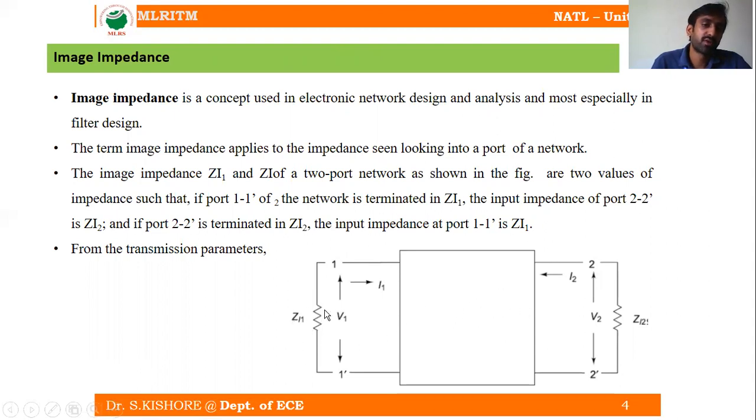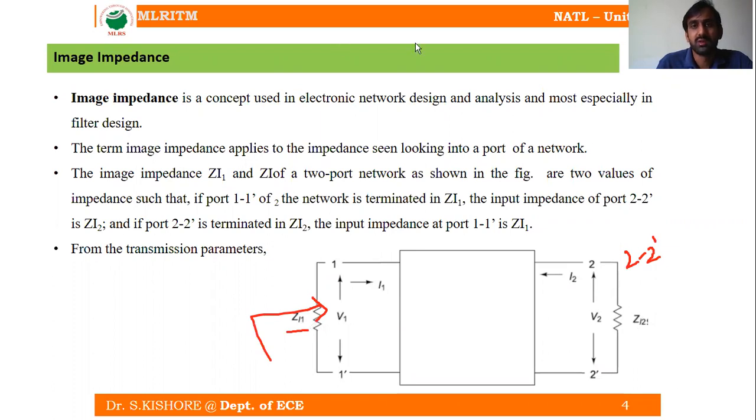If we look from port 1, as shown in this figure, and the two-port network is terminated at the second port, port 2 dash, with an impedance ZI2, then the input impedance of the network looking from port 1 dash is going to be ZI1.